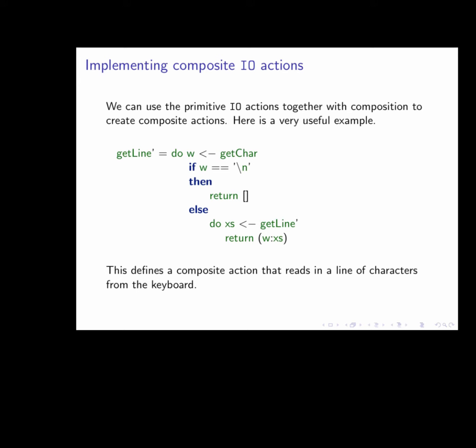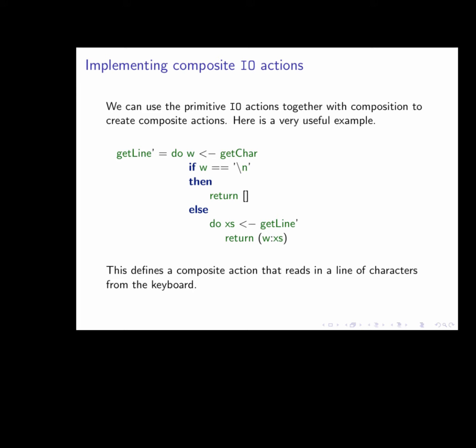Otherwise, we compose with more IO actions. The variable XS gets its value from getLine prime. In other words, we call getLine prime recursively. Once that has been accomplished, we return W cons XS.